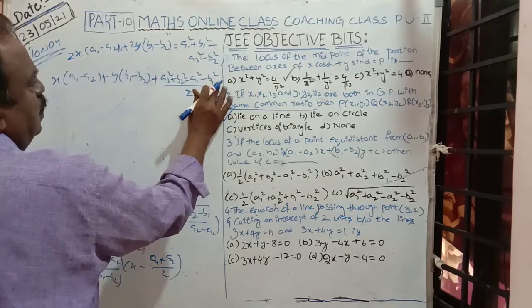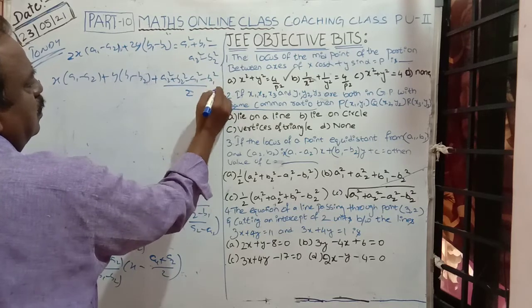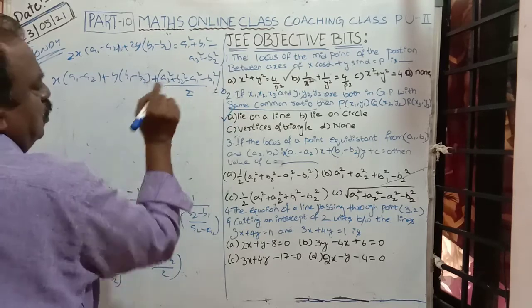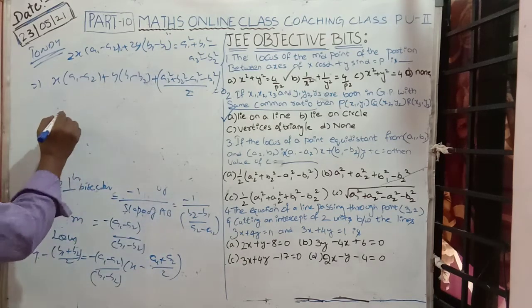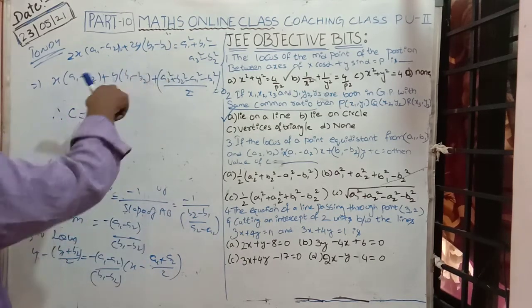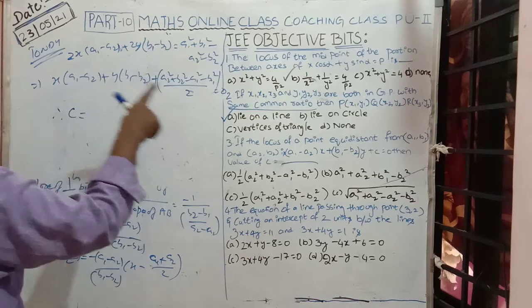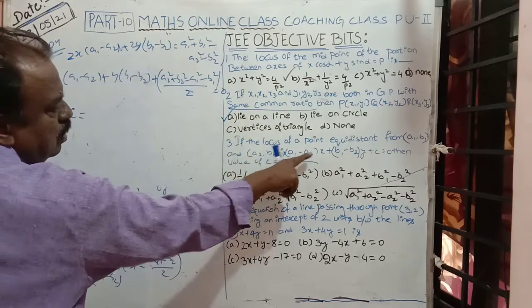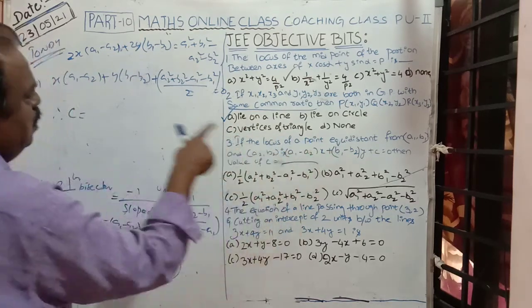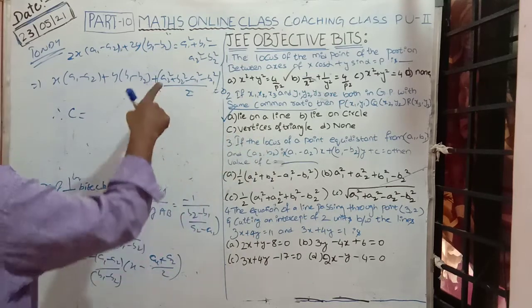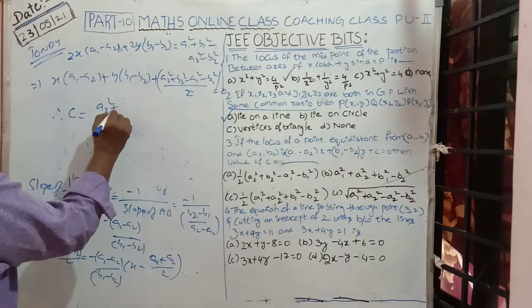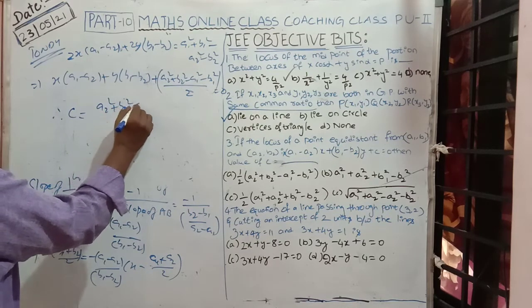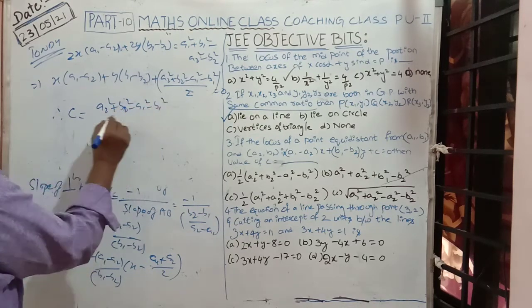So here what is c? This is c. Therefore here c is equal to c concept. x of a1 minus a2, y of b1 minus b2 plus c. In the place of c, this one is there: a2 square plus b2 square minus a1 square minus b1 square by 2.